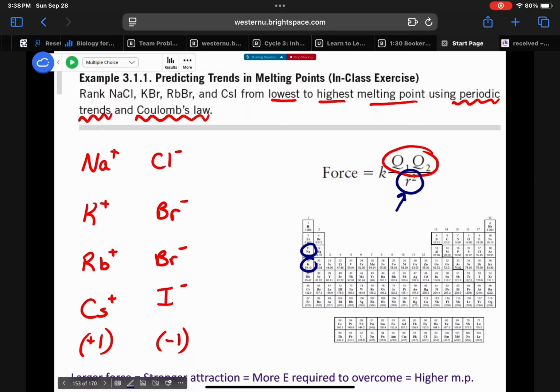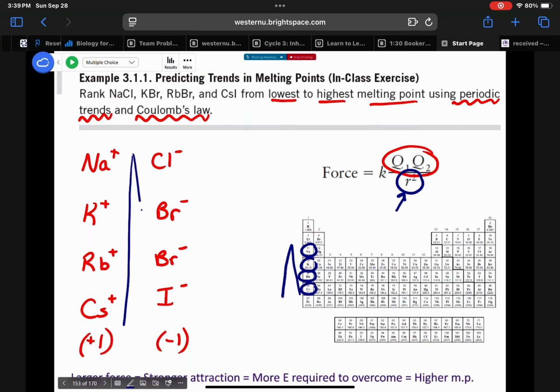All of these atoms have lost an electron, so they're all going to be a little smaller than the atom, but the trend is going to stay the same. As we go from the top to the bottom of the periodic table, the size is increasing. So cesium is going to be the biggest cation, sodium is the smallest.